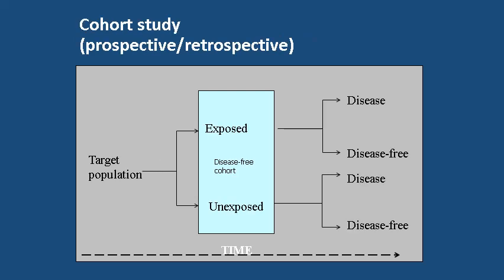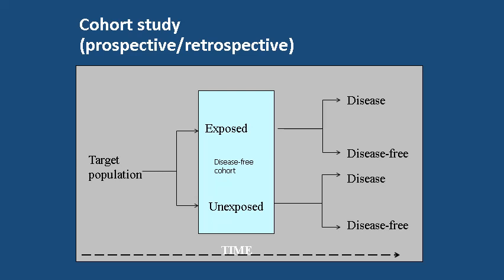In a cohort study, the target population will be divided into an exposed group and an unexposed group. Before dividing them into exposed and unexposed groups, we should make sure that they are disease free. First make sure that they are free from disease.